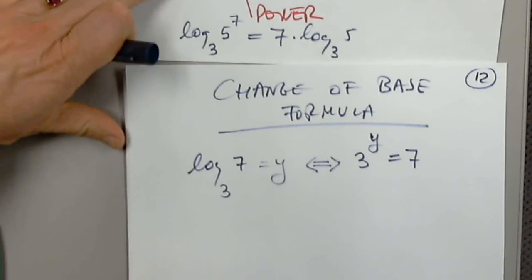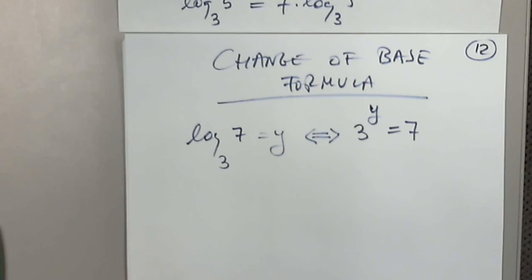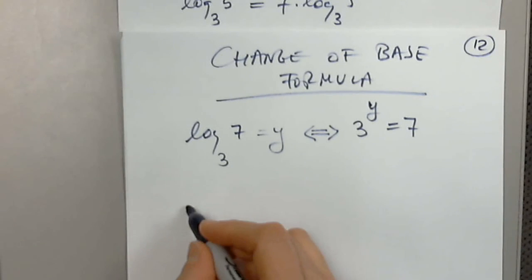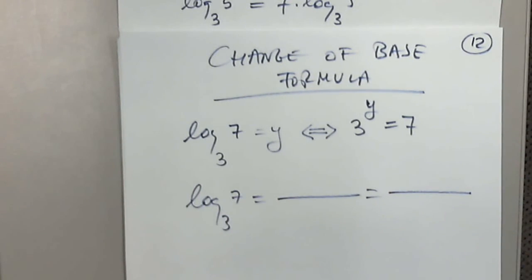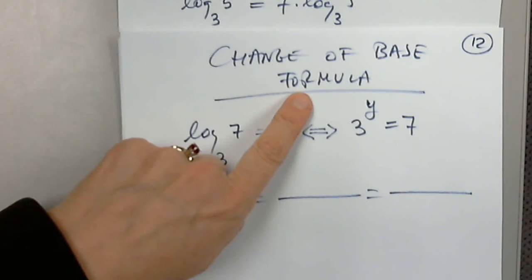So assuming that we want to get an approximation for log base 3 of 7, we have 2 ways of doing it. And the number will be the same. Because there is only one number that I raise 3 to get 7. I can't find 2 different numbers. There is no such thing. The functions are one-to-one. So here's the change of base formula.